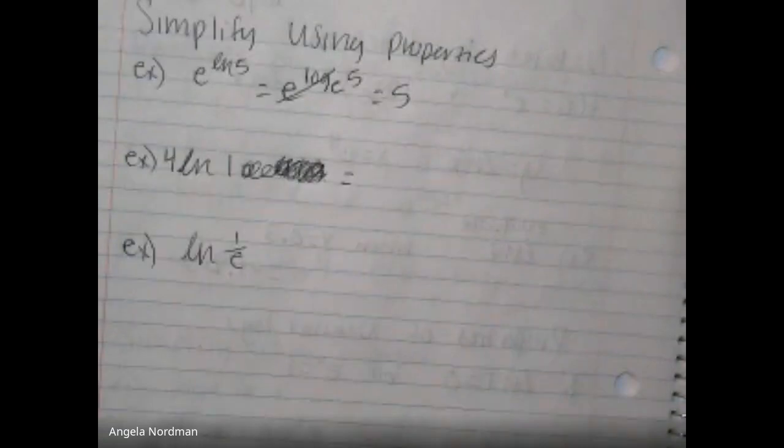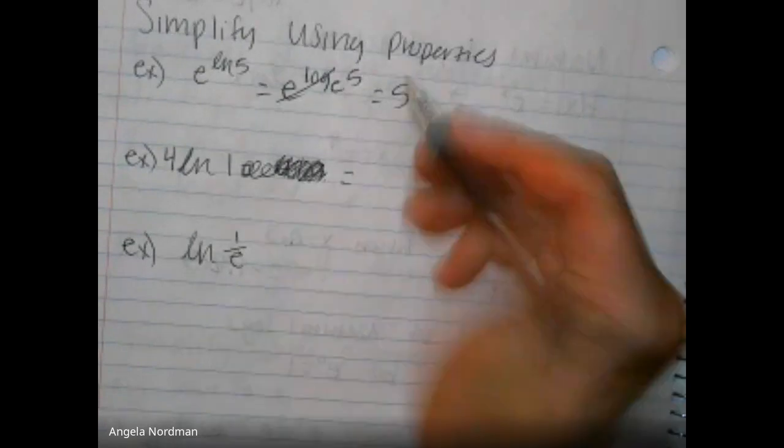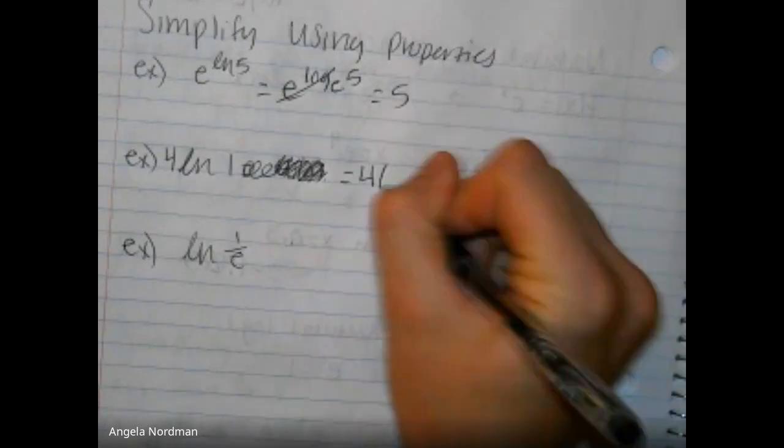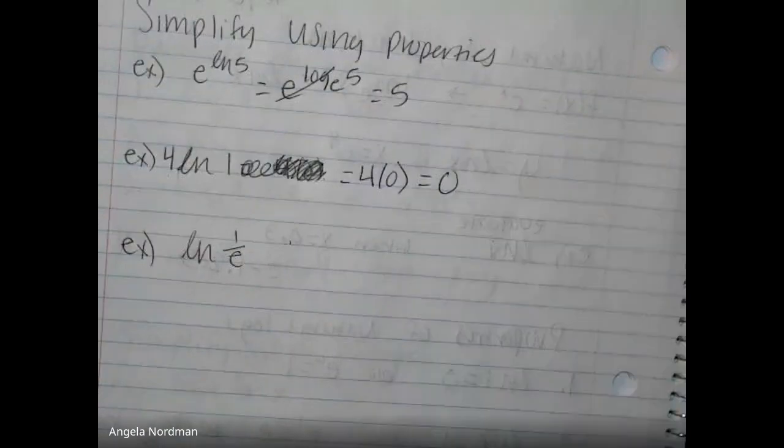Here, natural log of 1: anything log of 1 is going to be 0. Since we have this 4 out in front, the 4 carries over, times 0, it's just going to equal 0 in the end.